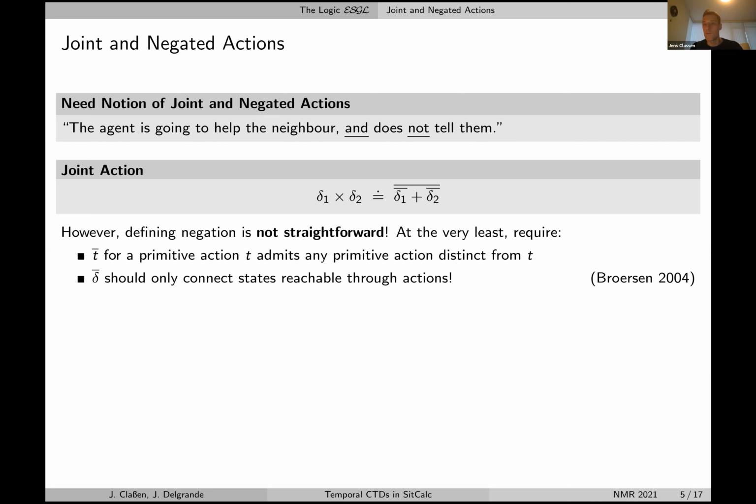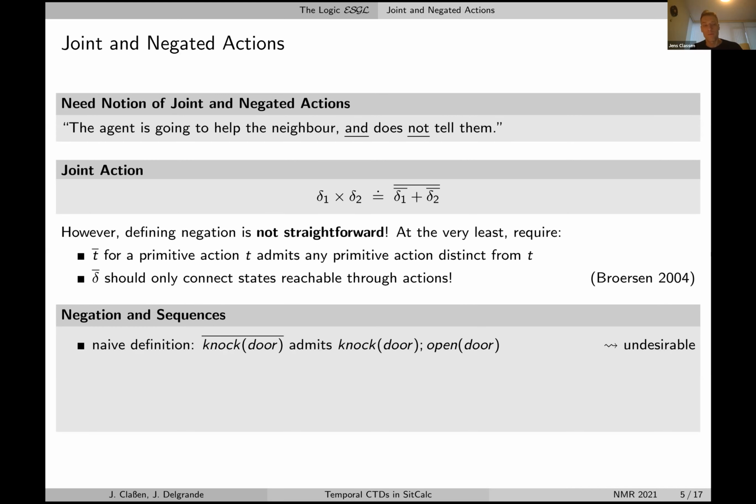Otherwise, we would get very funny properties where basically you could do the impossible, right? So if I say I don't eat a pizza, and that would allow me to get from a state A to a state B, where I would basically teleport myself from one place to another or something. Yeah, so something that would actually not be possible. And of course, that's something that we would want to avoid.